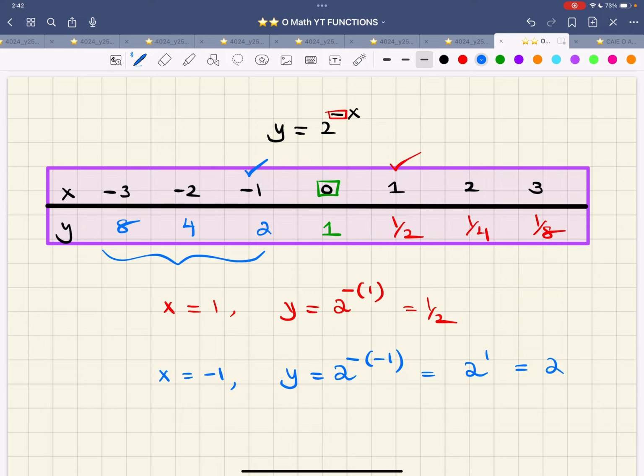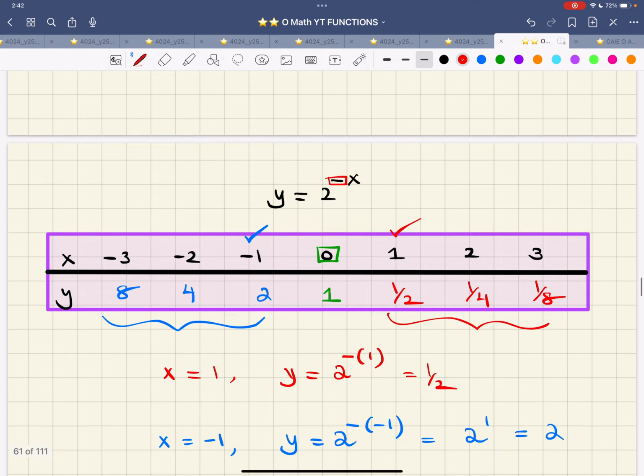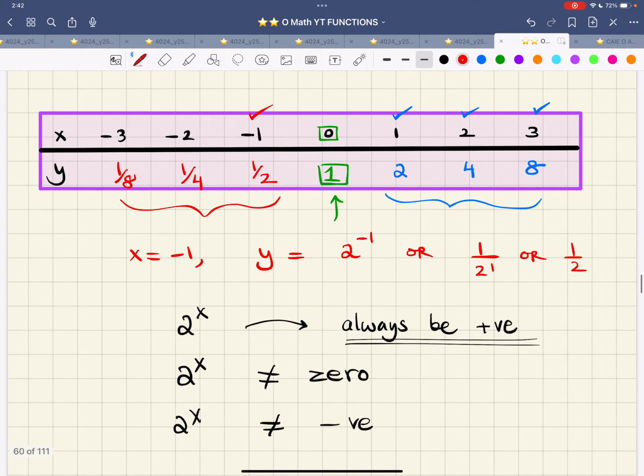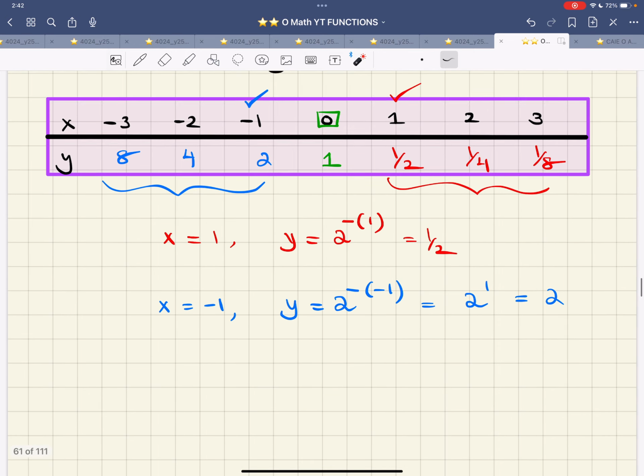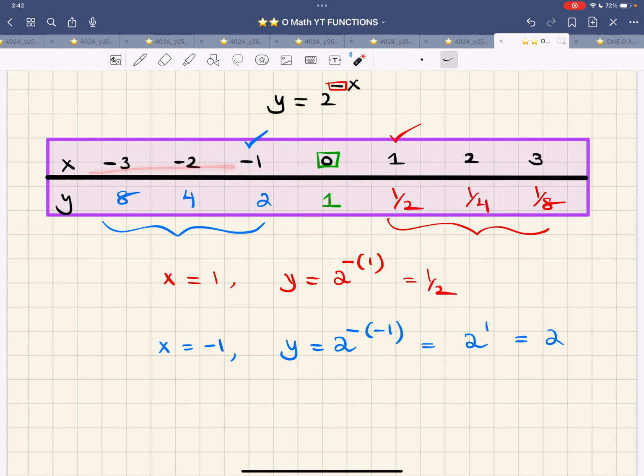Now look at these numbers and compare them with these. Over here, 1, 2 and 3 were giving me 2, 4, 8 respectively. Over here, it's the opposite. Negative 1, negative 2, negative 3 is giving me 2, 4 and 8. In 2 raised to the power of negative x, 1, 2 and 3 are giving me fractions between 0 and 1.